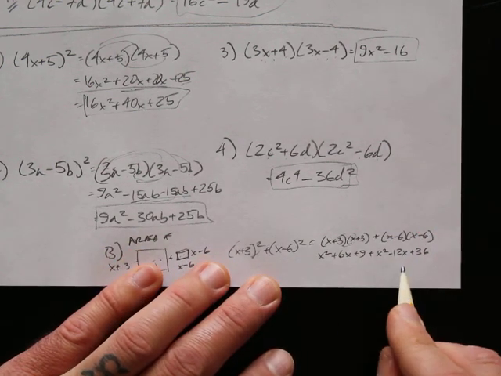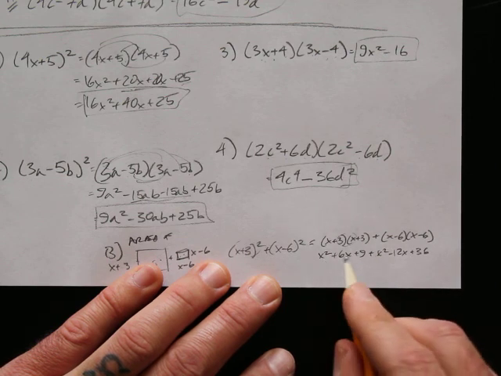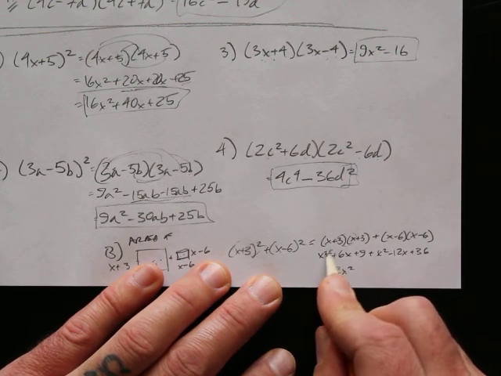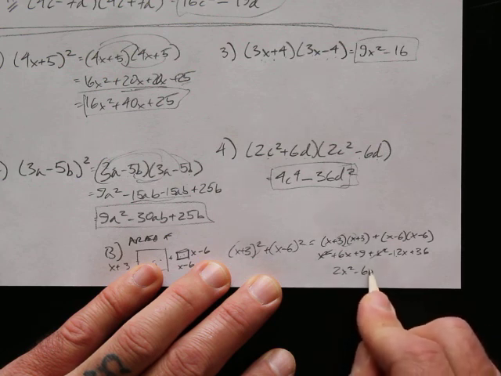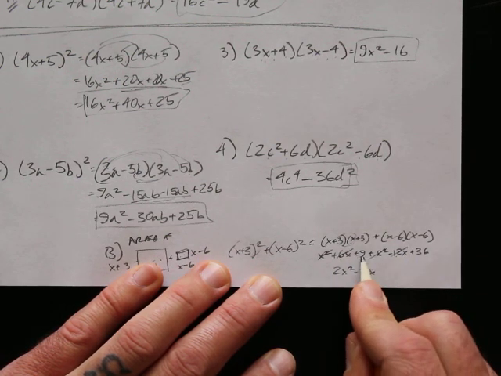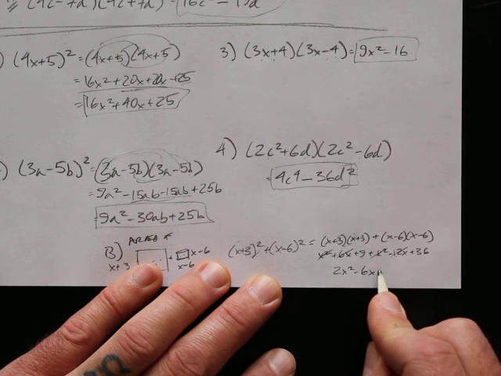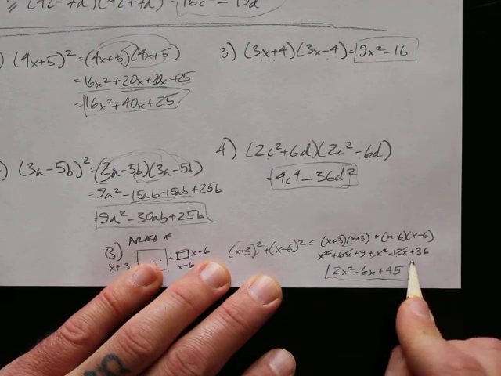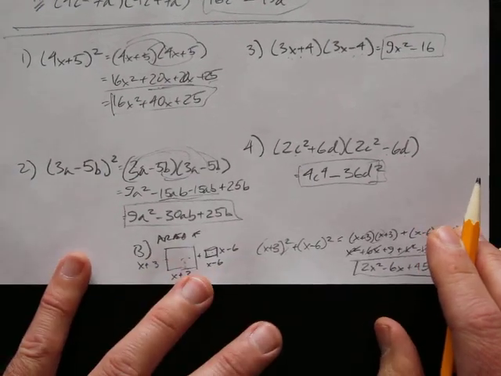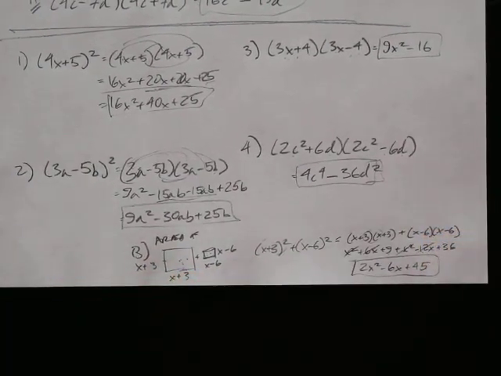Now I just need to combine my like terms here. x squared plus x squared is 2x squared. 6x and negative 12x is negative 6x. And then 9 and 36 is plus 45. And that is it. Good luck on the homework.